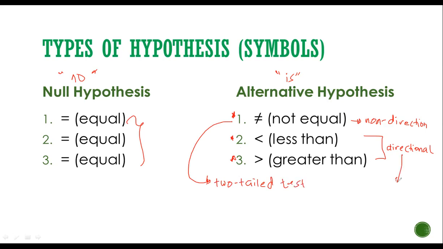Kapag directional siya, meron siyang direction, alam natin kung less than or greater than, this is, we utilize your one-tailed test. Okay? Huwag kayong ma-confuse ha later. Yan. Take a screenshot. And I will clear all of the drawings now.